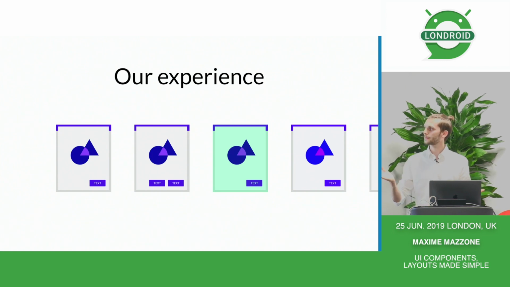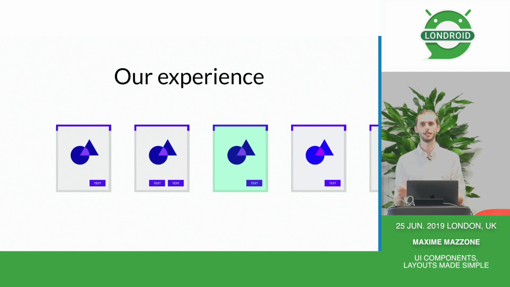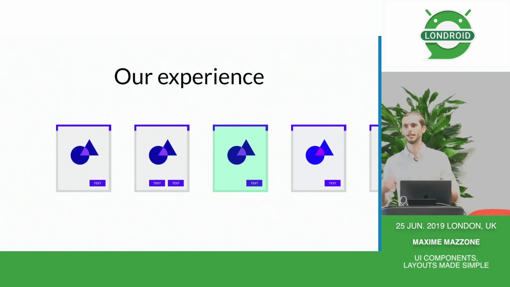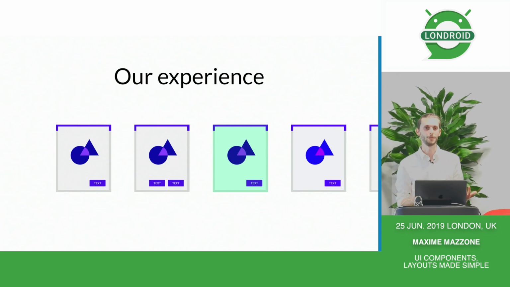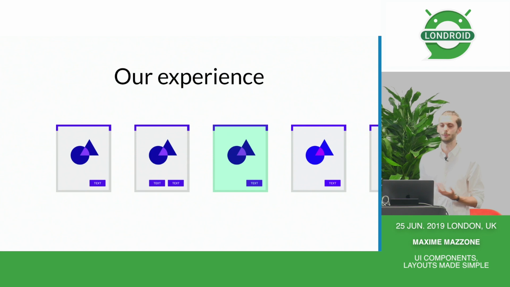And if you take all of that, you quickly realize that you create layouts and layouts all the time, right? And as you can imagine, the more you grow, the more you get layouts that are hard to maintain. As you can see here, all the layouts are kind of the same, but kind of different.